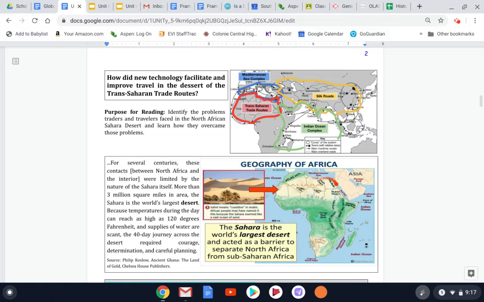And the Saharan Desert goes across this whole area, and it separates those northern countries like Morocco and Egypt, the ones that are closer to the Mediterranean, from the southern or sub-Saharan sections of Africa. All the jungles, and then down here like South Africa, island of Madagascar.